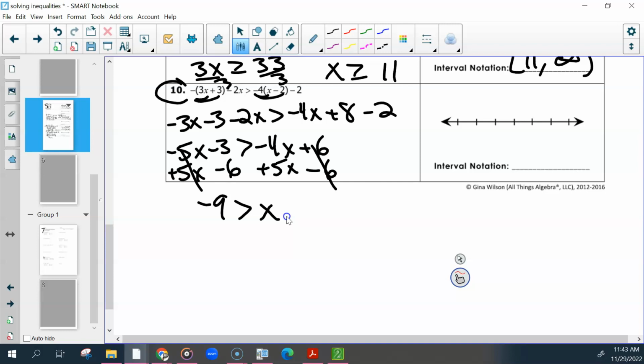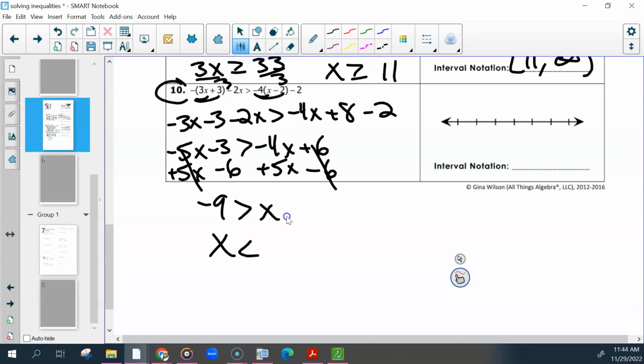You could graph it like this if you read it backwards. X is less than negative 9. Or, if that bothers you, you can change it. Whatever direction the sign is pointing, to or away from the x, just make sure it's the same thing. So right now it's pointing towards the x.